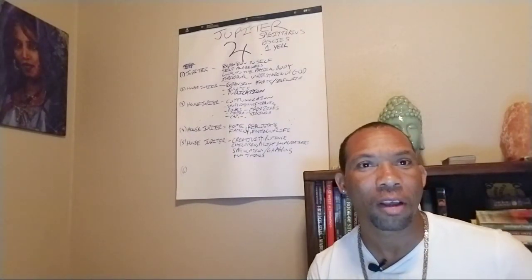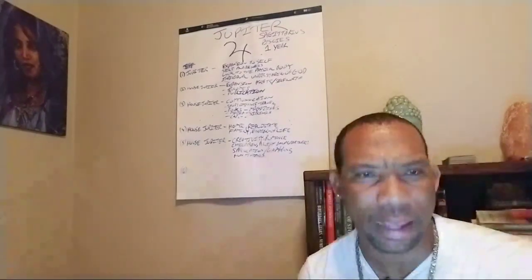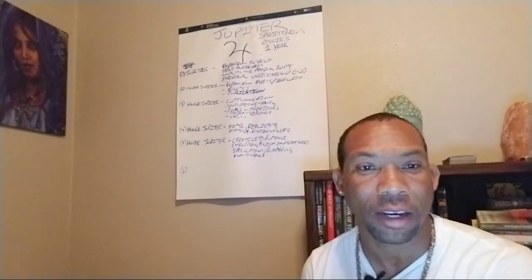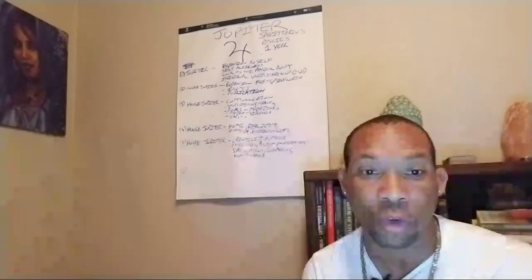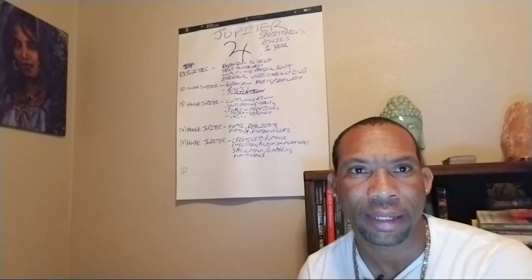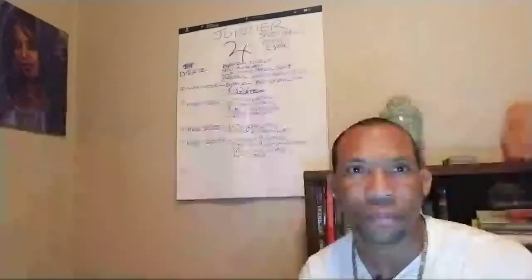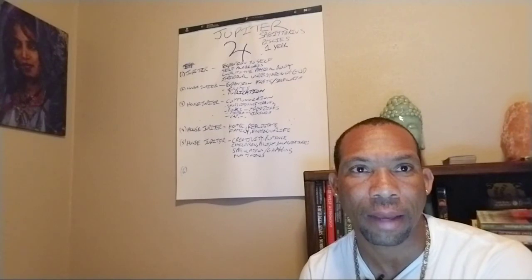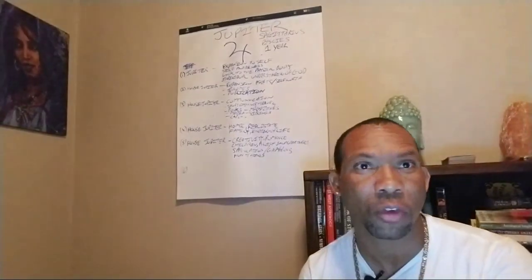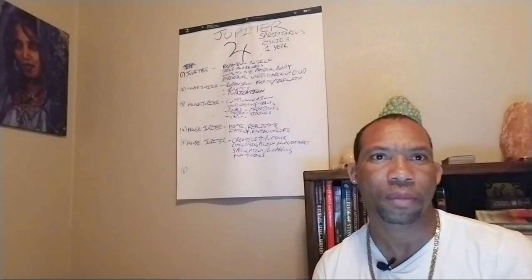You could say career, but not necessarily career. Career is naturally ruled by the 10th house, and the MC rules your career. The sixth house rules your work, your service.